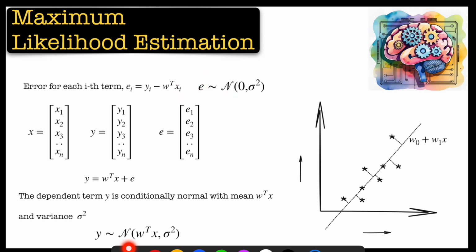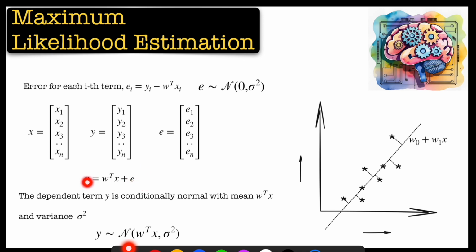Let's say for n data samples we get this X, that is x1 to xn. This is basically a matrix because each xi is a d-dimensional vector. Y is a vector of all the actual outputs y1 to yn. E is basically a vector of e1 to en, all the errors. So y will be w transpose x plus e.